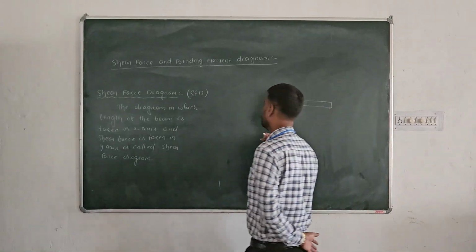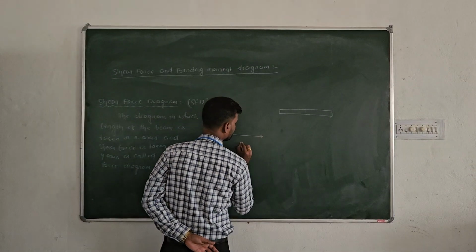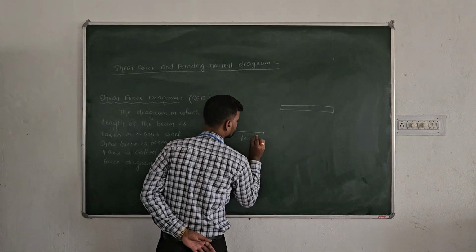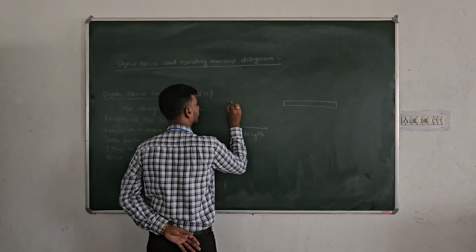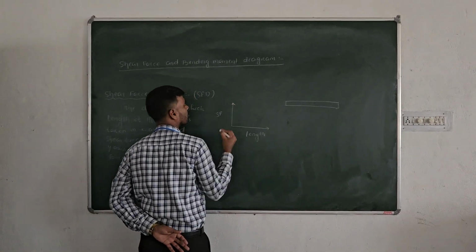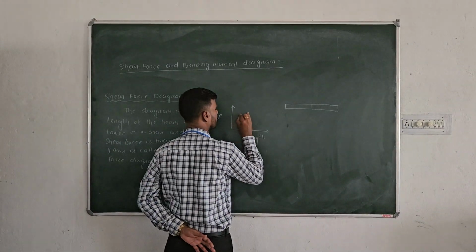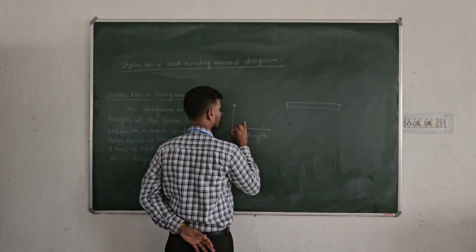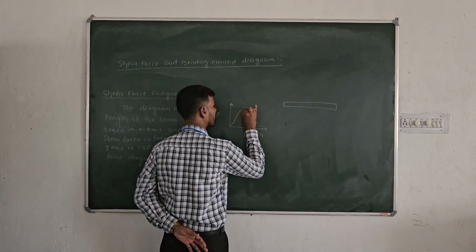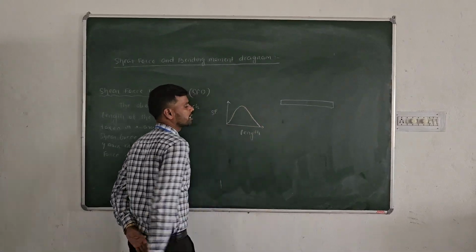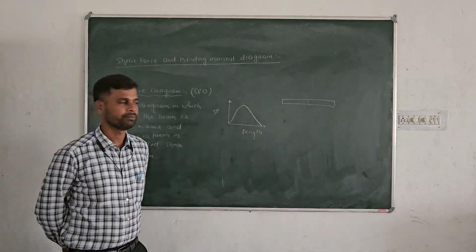In this diagram, on the x-axis we take the length of the beam, and on the y-axis we take the amount of shear force acting. At various lengths of the beam we get various shear forces, and when we construct a graph of this, that diagram is called the shear force diagram.